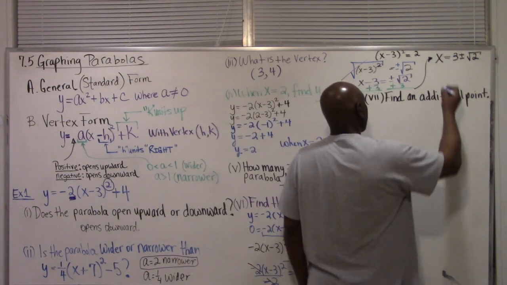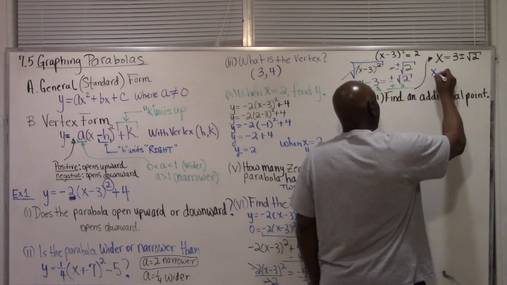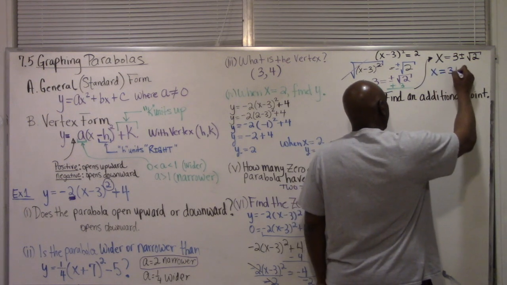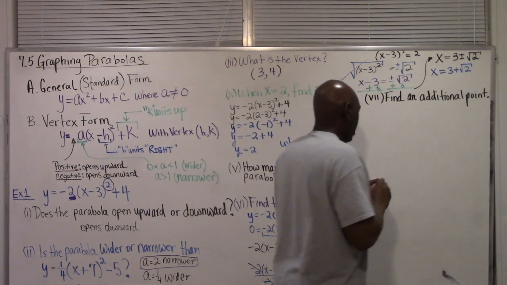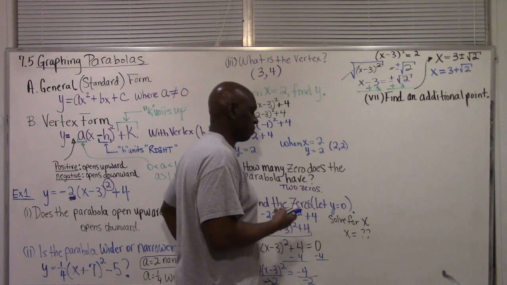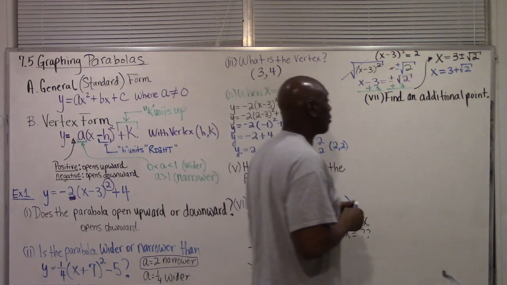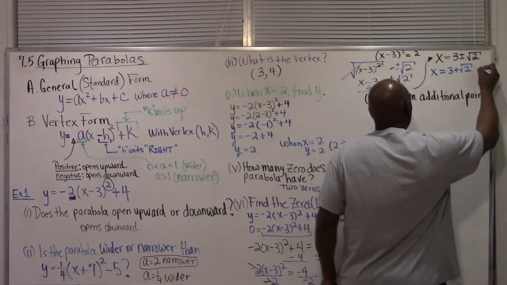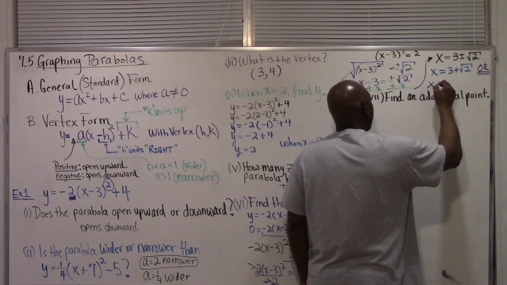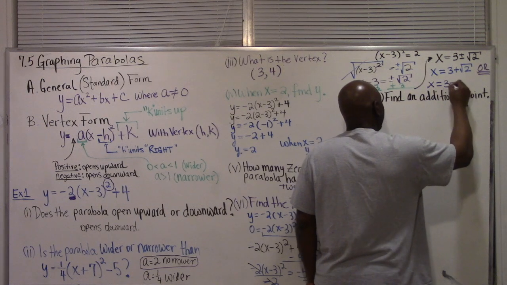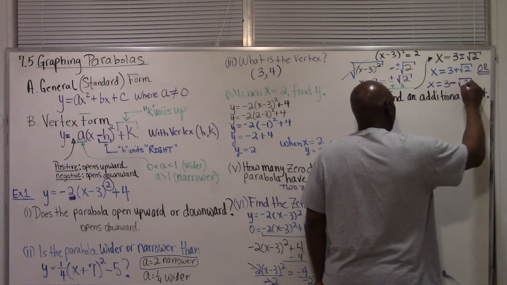Let's separate them out. So x does equal 3 plus the square root of 2. That's one solution. That's one answer. Or x equals 3 minus the square root of 2.